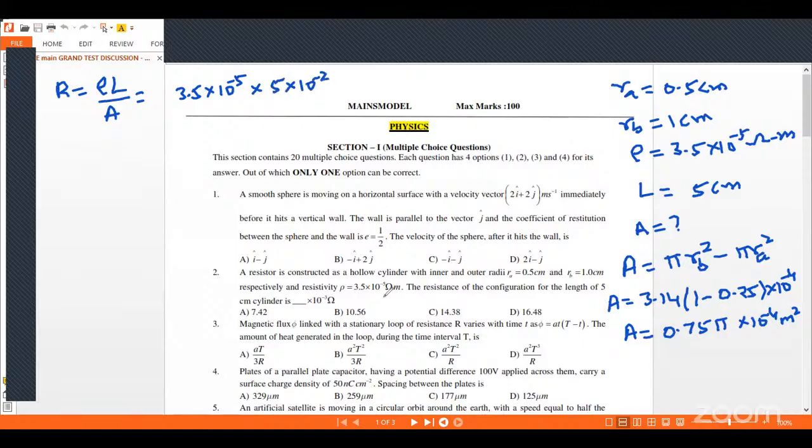See here, resistivity is also in SI system, divided by area 0.75 into 3.14 multiplied by 10 power minus 4. Upon calculation, we'll get 7.42 into 10 power minus 3 ohm. They asked in terms of 10 power minus 3, so it is option A.